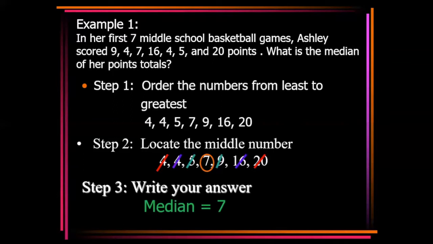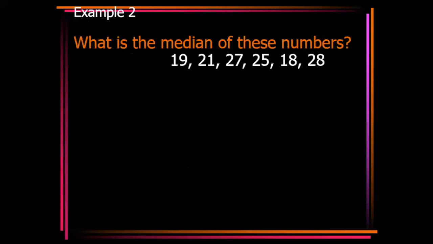Okay, this is our second example. What is the median of these numbers? 19, 21, 27, 25, 18, and 28. Before I reveal the first step, can someone tell me what's the first step? Good.